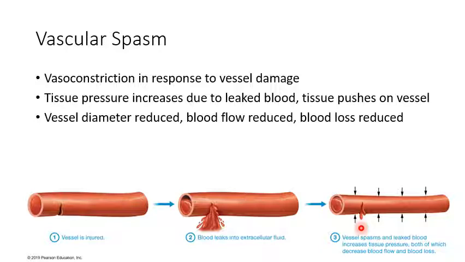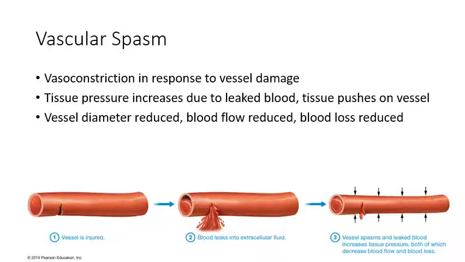If you have less blood going through this vessel, you're going to have less blood coming out of the damaged area. Anytime the diameter of the blood vessel goes down, blood pressure will go up, but blood flow will go down. Since the vessel is smaller, you can't fit as much blood in there, so not as much blood will go through it. That means less blood coming out from this damaged area. Another factor that contributes to vascular spasm is the pressure of the tissue pressing on the blood vessel itself.